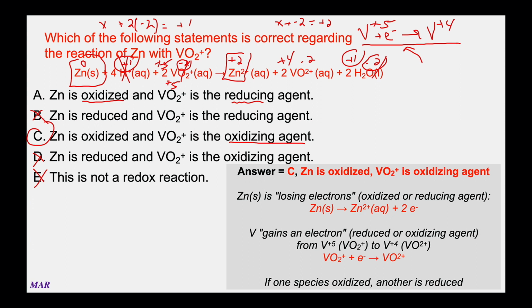We would call the VO2 plus the oxidizing agent. So knowing the terms is important. If you have one piece reduced, you have to have one piece oxidized. You can't have one or the other at this kind of level anyway. So be on the lookout for it, and definitely look out for those nasty agent terms. I don't like them, but again, I'm just the messenger, so alas.